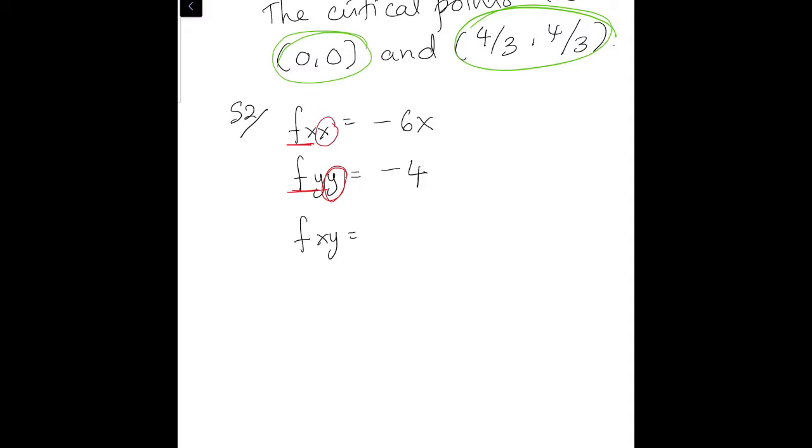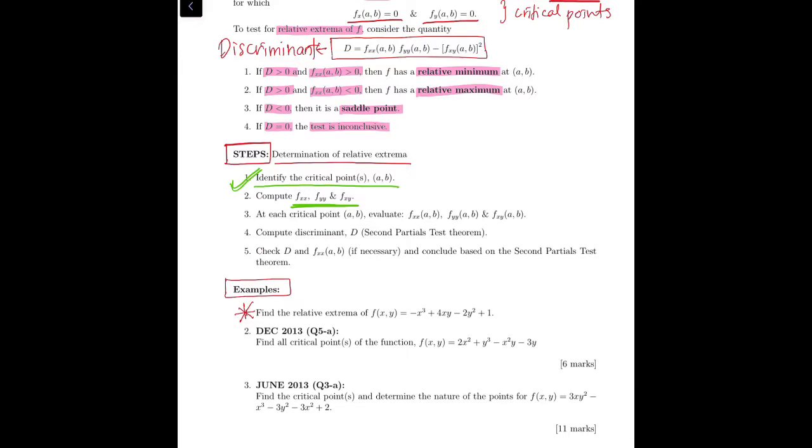And we already have fx, differentiate again with respect to y, we have 4. So that is step 2. Then step 3, at each critical point (a, b), evaluate fxx, fyy, and fxy.